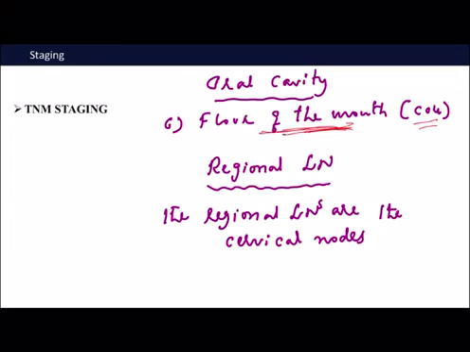Then if it involves the regional lymph nodes, especially in the oral cavity, the most commonly affected lymph nodes are the cervical lymph nodes, right? So this is how, based upon the anatomical sites and subsites, they usually give the coding systems for these things.